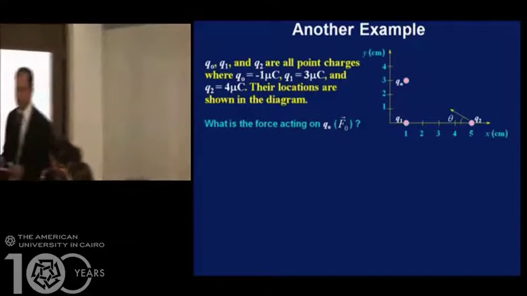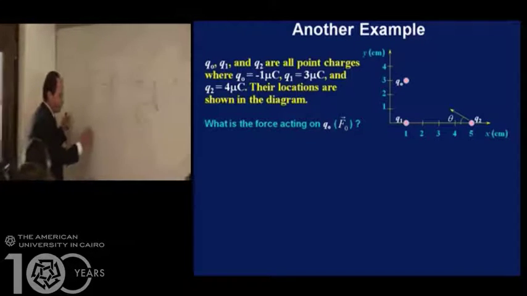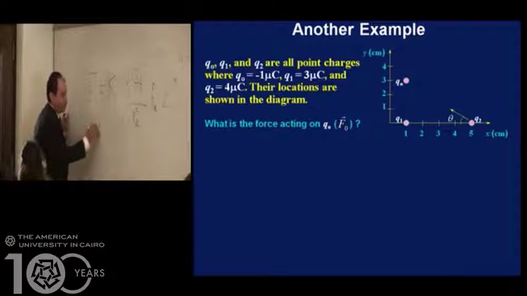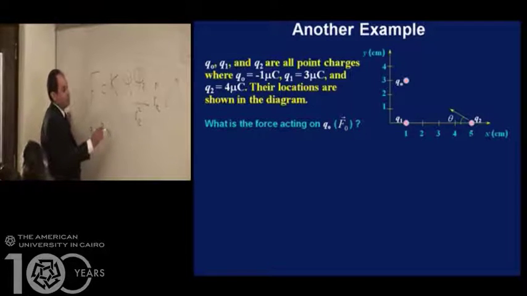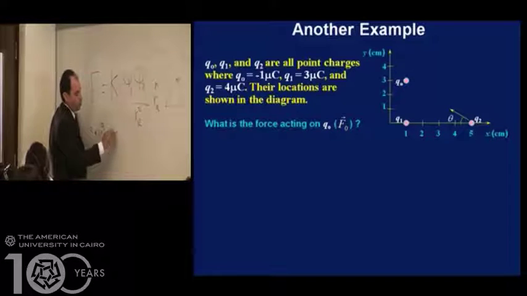The value of K is 9 times 10 to the power 9 Newton meter squared per Coulomb squared.